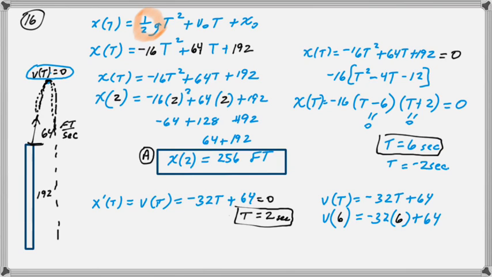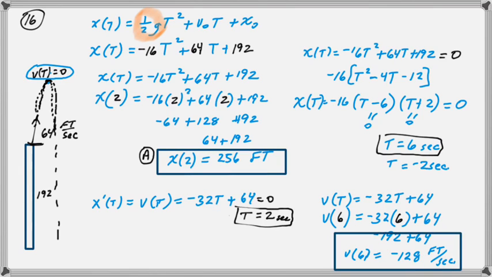So I think this becomes negative 192 plus 64. Let me check my arithmetic. So my velocity at time 6 should be negative 128 feet per second.